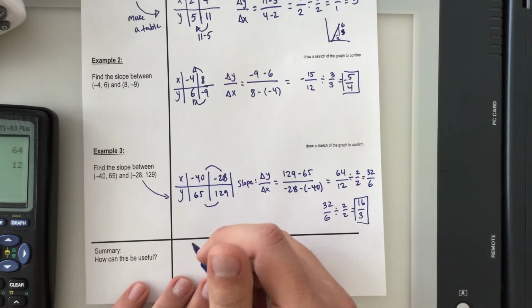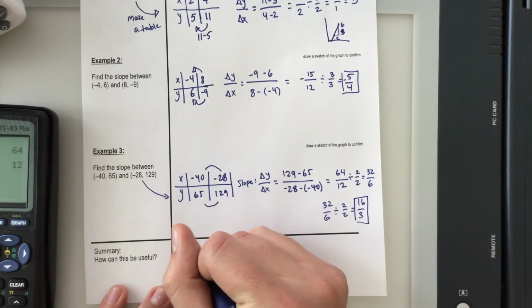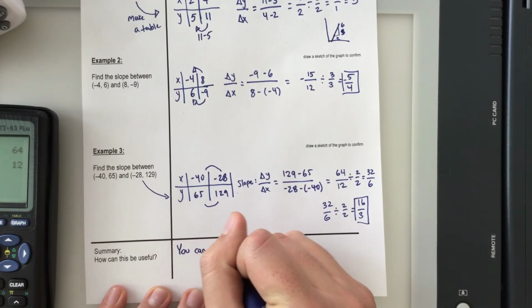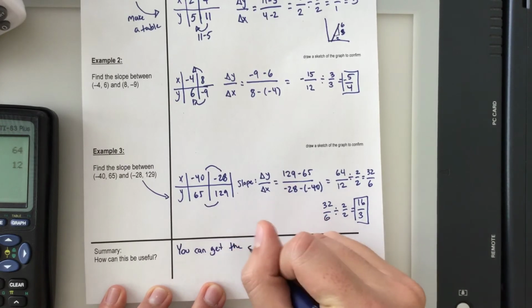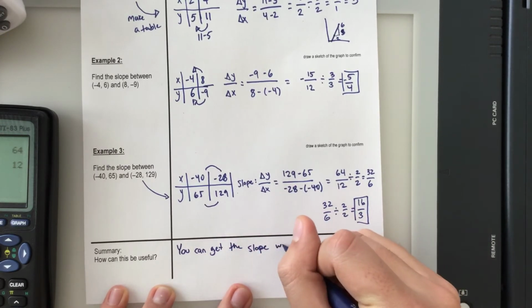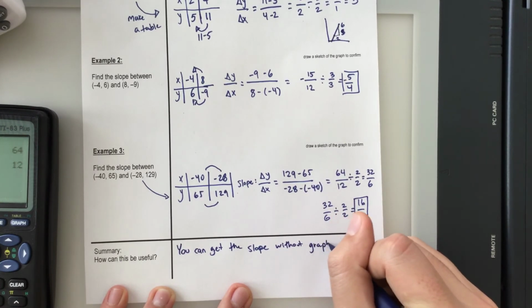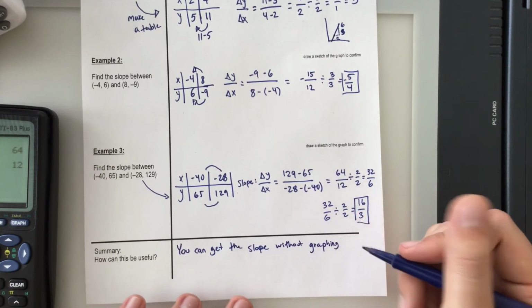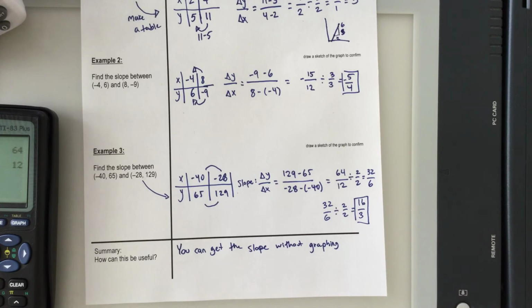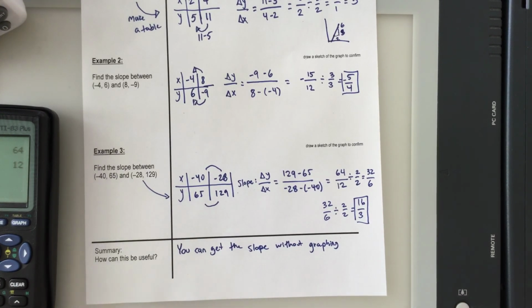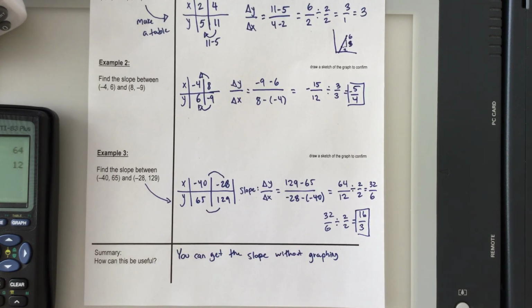So how can this be useful? You can get the slope without graphing. And that saves us some time. And that's how you find a slope without graphing with 2 points.